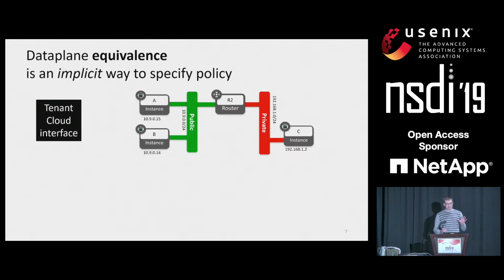What you see here is a cloud provider interface. That's the user-facing interface on public clouds such as Azure or EC2 or OpenStack. Here the tenant may spawn VMs, he may interconnect them in intricate ways, and he may specify even security policies and so on.